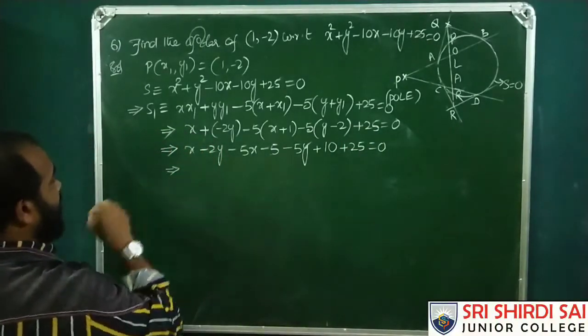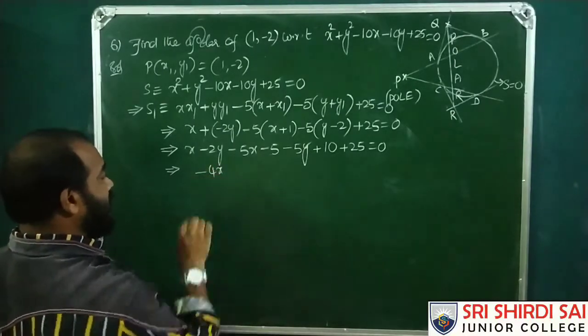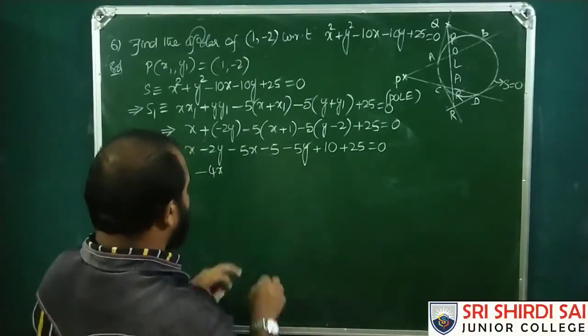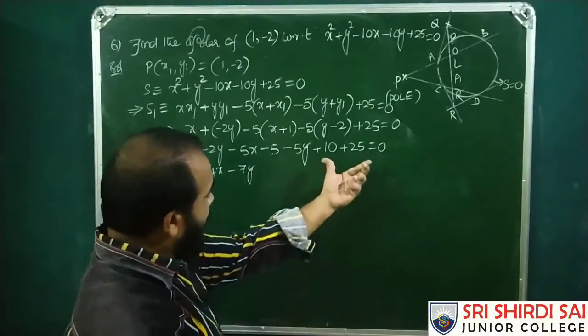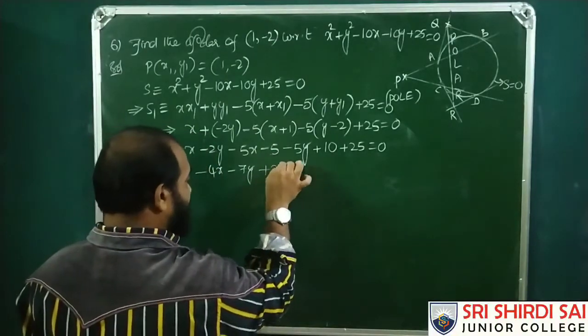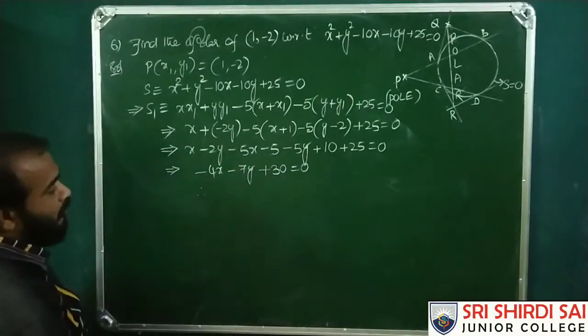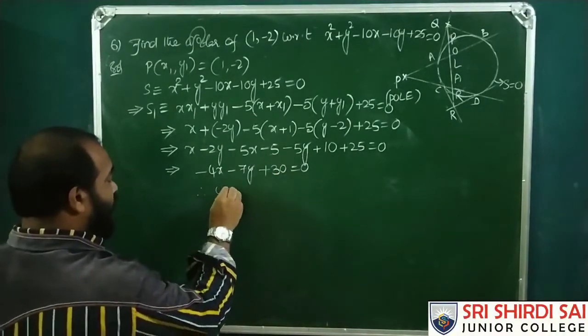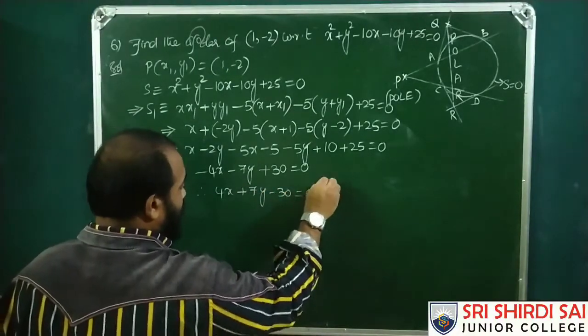That implies x - 5x = -4x, -2y - 5y = -7y, and 10 + 25 = 35, minus 5 plus 30 equals 0. Therefore, if you cancel the minus throughout the equation, then 4x + 7y - 30 = 0.